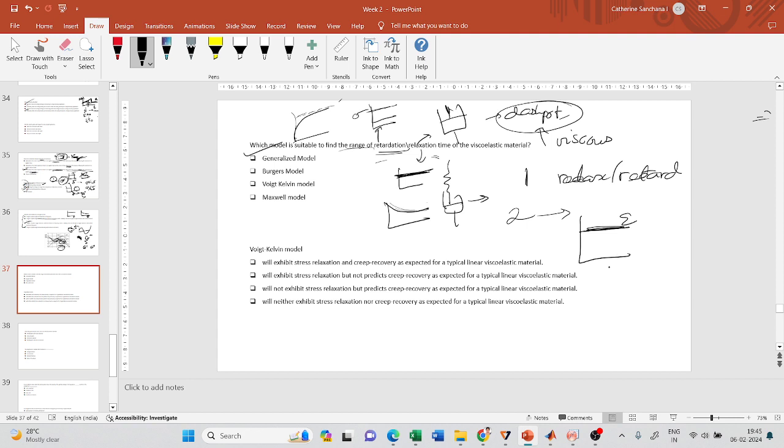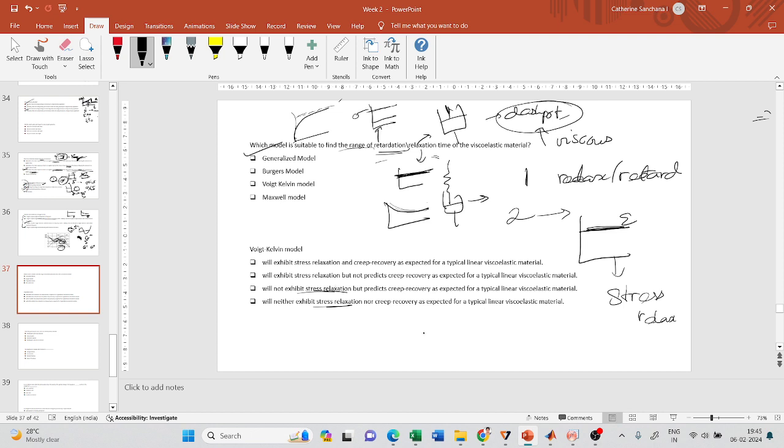So it will not respond well to a stress relaxation experiment. So just eliminate stress relaxation. So there are two options, and this also will not exhibit stress relaxation, and this also will not exhibit stress relaxation.